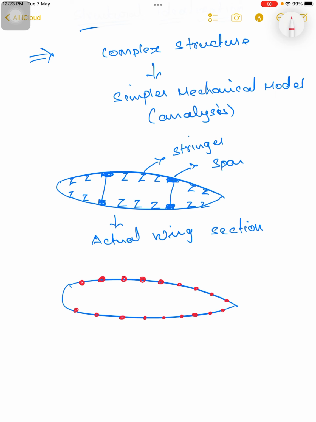So we have connections here, 1, 2, 3, and we have connections. So this is an idealized wing section for the analysis.